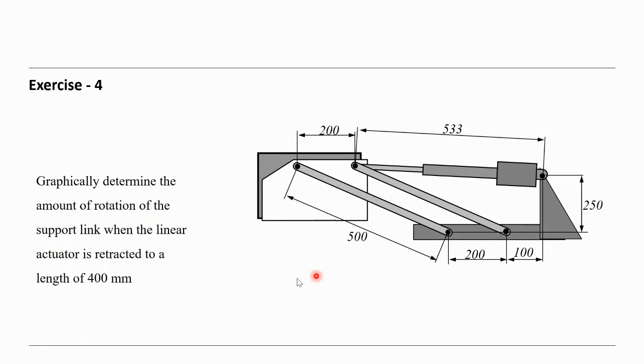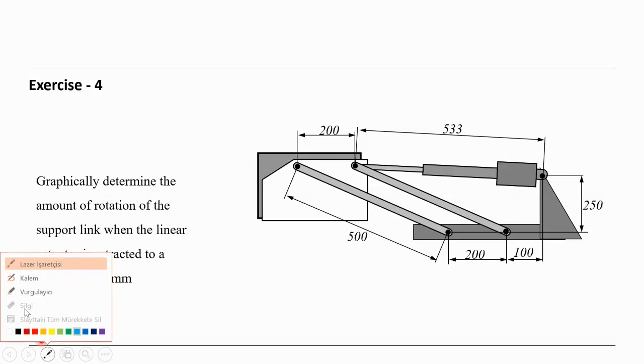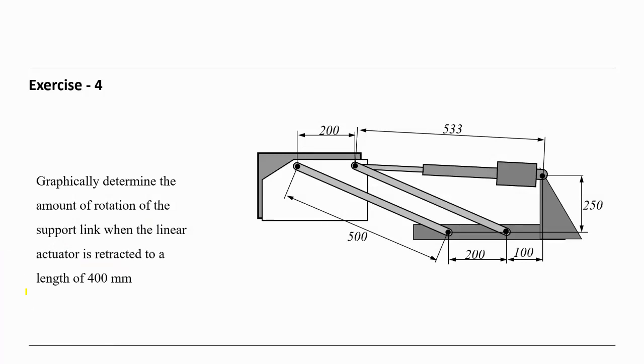Let's use the laser pointer, where is it? Okay. So which one is the linear actuator? The linear actuator is retracted to a length of 400. So which one is the linear actuator? What do you think?